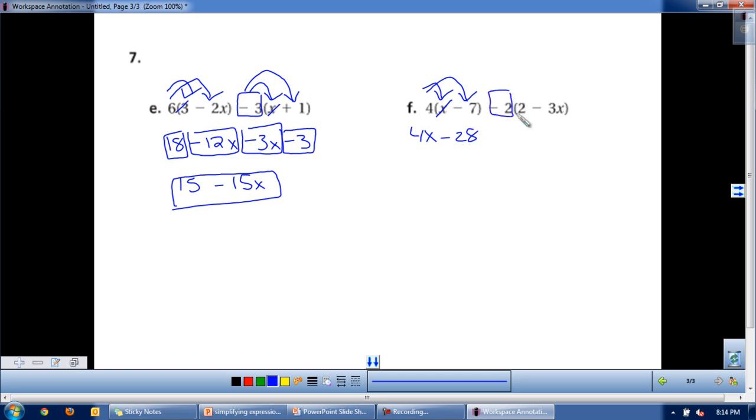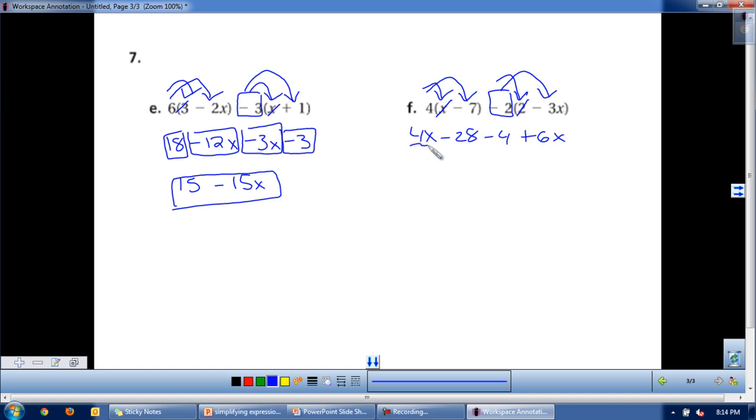Again, we're going to box this negative 2. We're going to take negative 2 times 2, which is negative 4. Then negative 2 times negative 3x. Remember the rules for multiplying integers. If the signs of the numbers are the same, then your result is going to be positive. That means negative 2 times negative 3x is positive 6x.